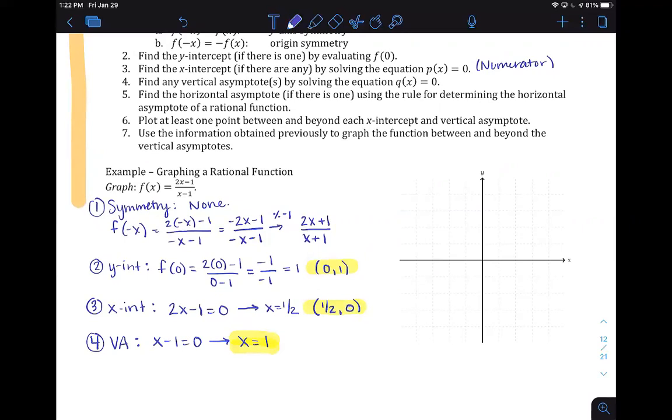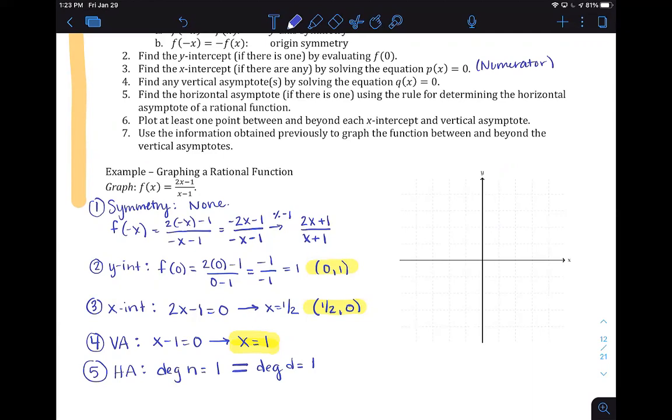And then the horizontal asymptote. We're looking at the degree of our numerator and the degree of our denominator. So, what is the degree of your numerator? 1. And the degree of our denominator? 1. Well, those two are equal to each other. And if they're equal to each other, what's our rule for our horizontal asymptote?